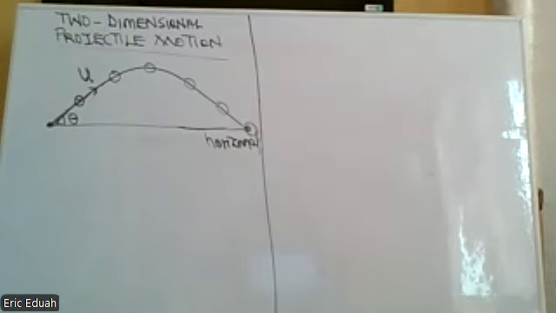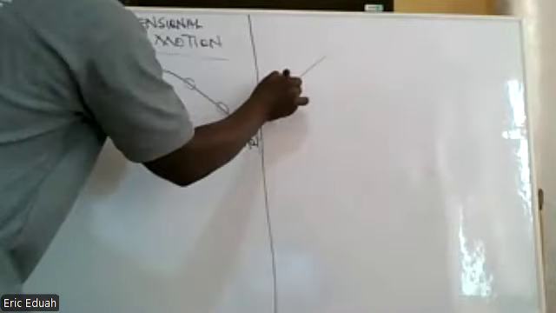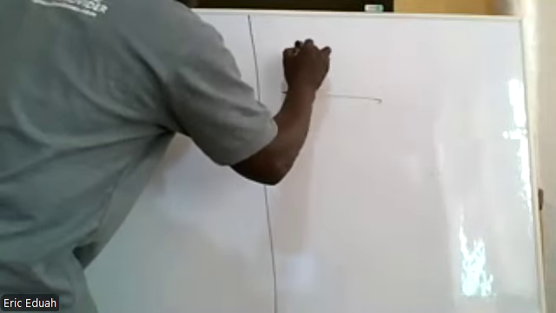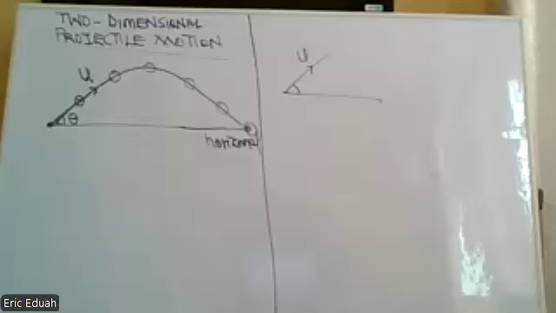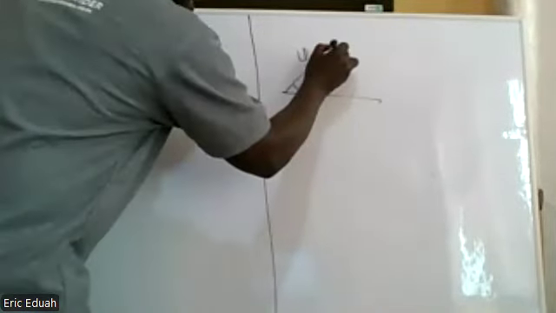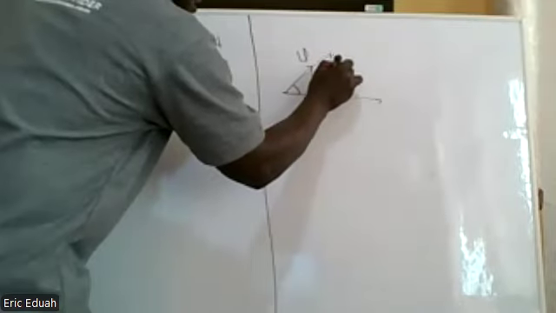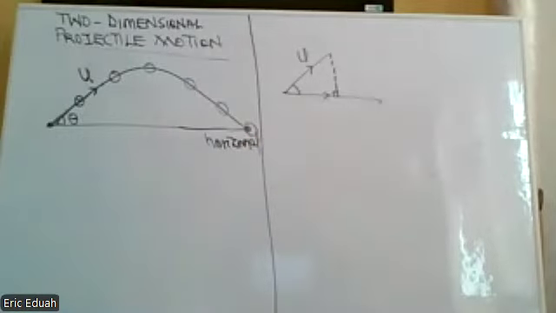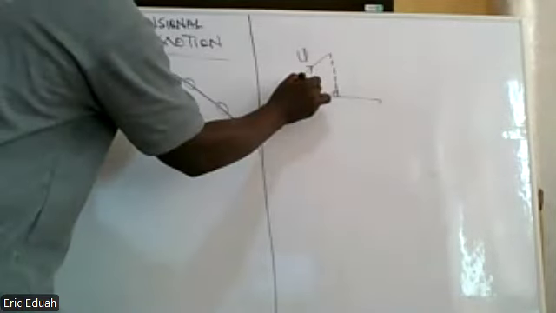Now, because the velocity of projection makes a certain angle with the horizontal, by virtue of this, the velocity will be divided into two components, a horizontal component and a vertical component, due to trigonometry or theta.